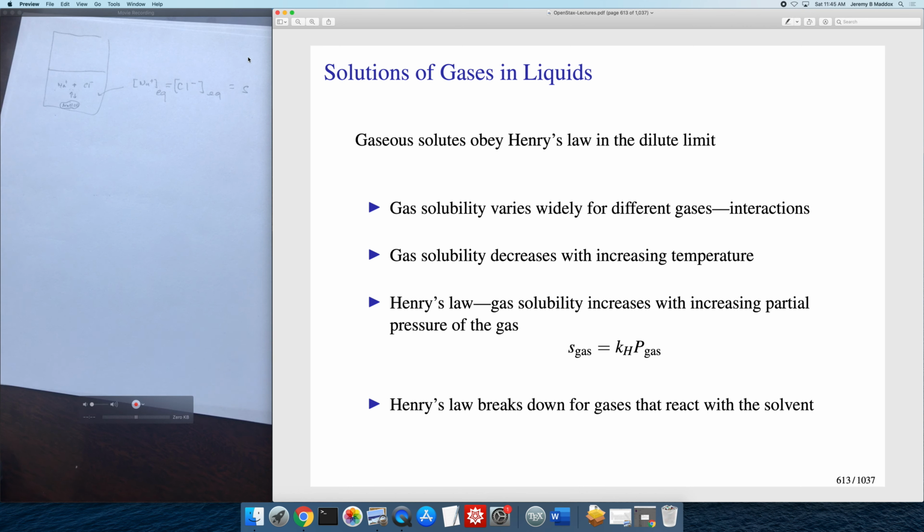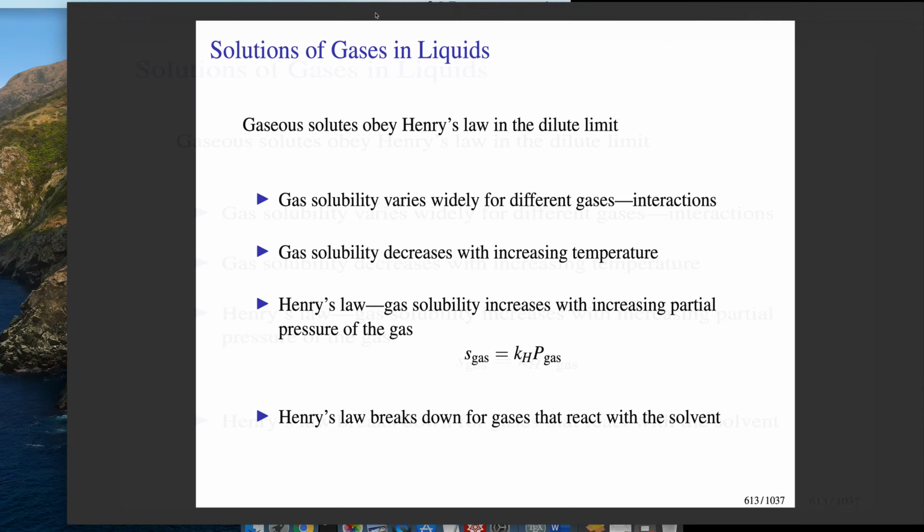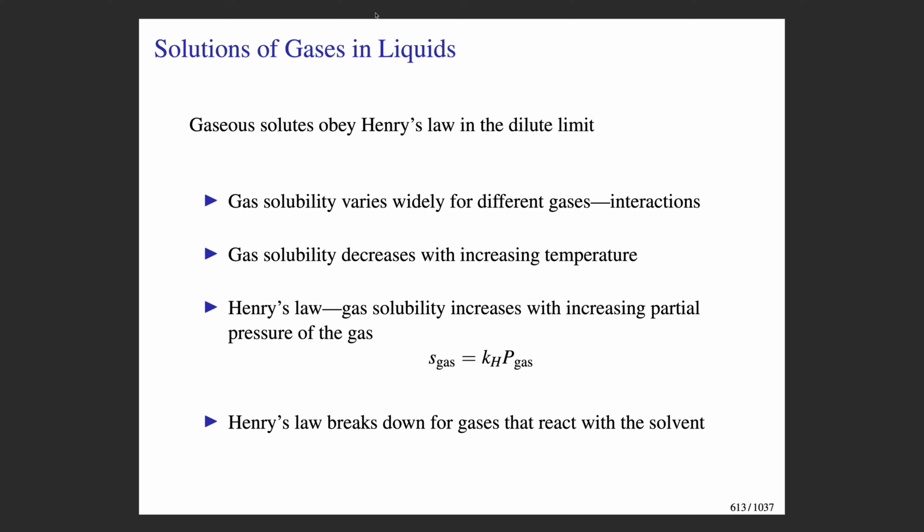Let's think about gases in liquids. So we'll talk about a solution where the gas is a solute. We'll also later do solids in liquids and liquids in liquids. Okay, so this will be for gases dissolved in liquids. Gaseous solutes obey Henry's law in the so-called dilute limit. That is, when the concentration of the dissolved gas is relatively small.